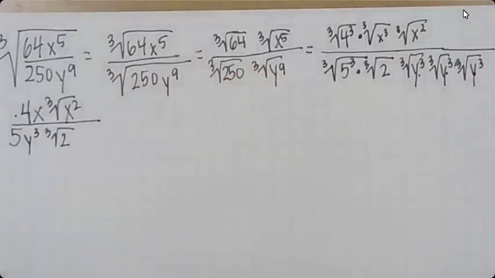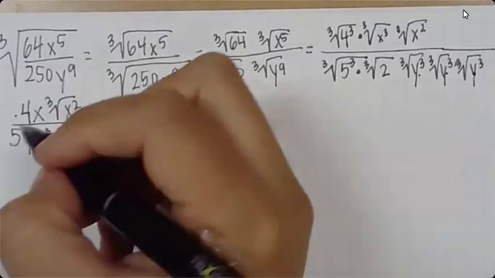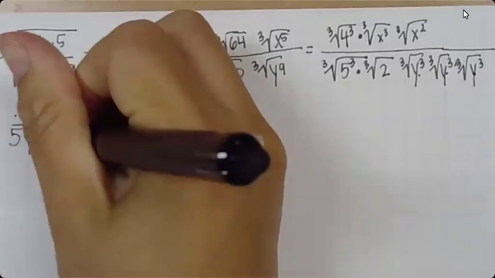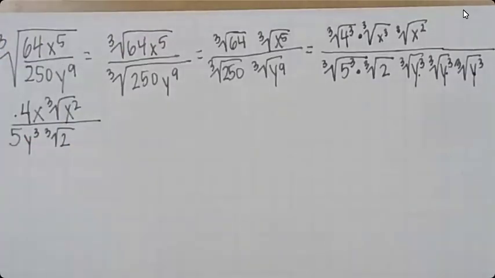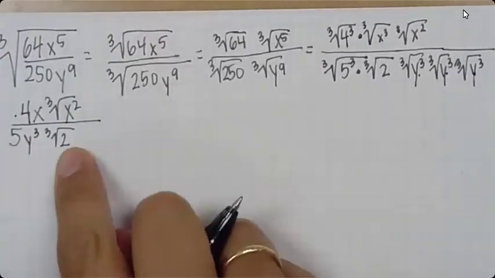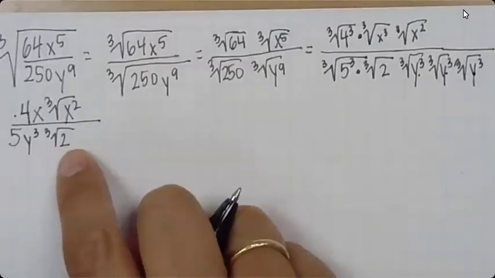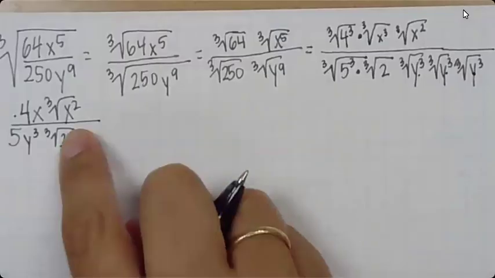I still have to simplify because I have a radical in the bottom. And I have a cube root of 2. To get rid of a cube root, I need to make this able to come out. The only way the 2 can come out is if I have 2 more 2's.